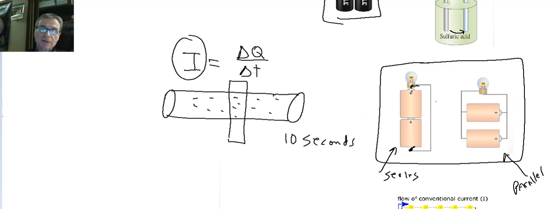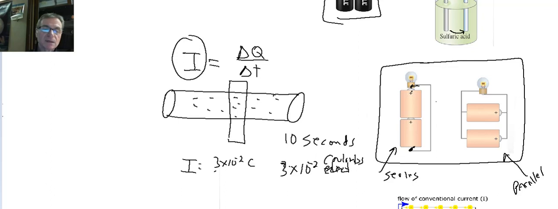I observed 3 times 10 to the negative 2 coulombs of charge. Okay, what would my current be? Well, my current I would be 3 times 10 to the minus 2 coulombs divided by 10 seconds, all right?